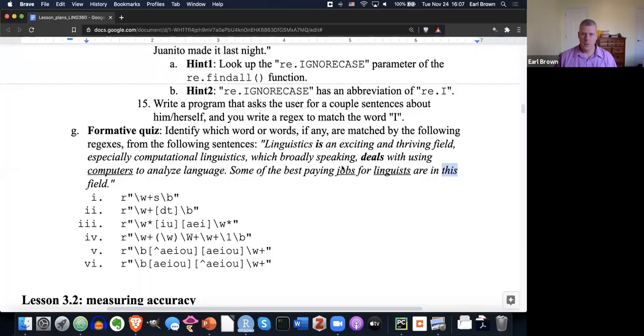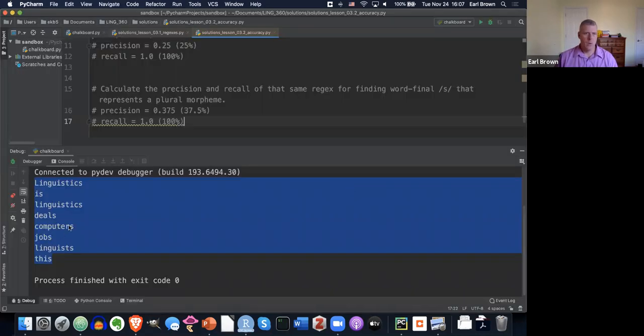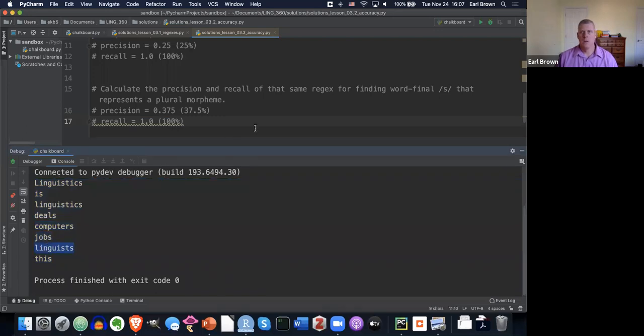So there are 3 plural S's in this string, these 2 sentences, and they were found right here: computers, jobs, and linguists. So the recall is at 100%. Every last one of the ones we should have found, we did find. We have a lot of other junk, like false positives, right, that we don't need. That's why the precision is so low, but the recall is high. Okay.